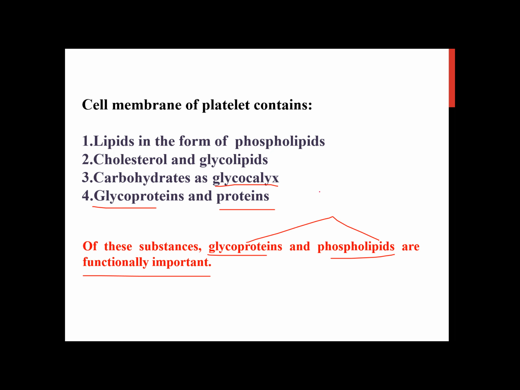The reason why they are functionally important, class, is aside from their function, another thing you have to consider is that they are responsible also for maintaining the shape or the structure of the platelet. So yung glycoprotein na yan and phospholipids maintain the shape and the structure of the platelet.